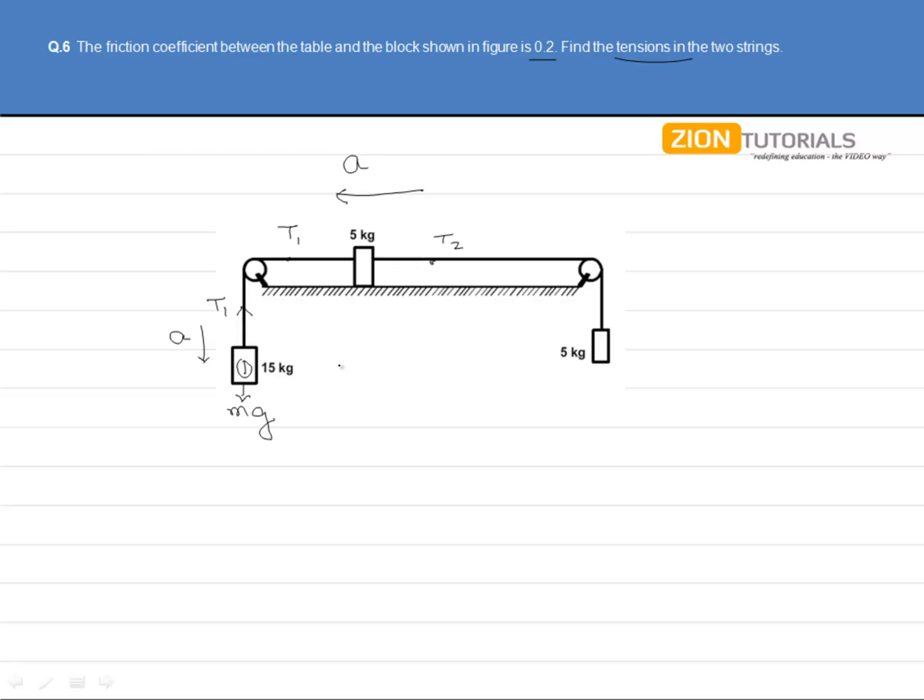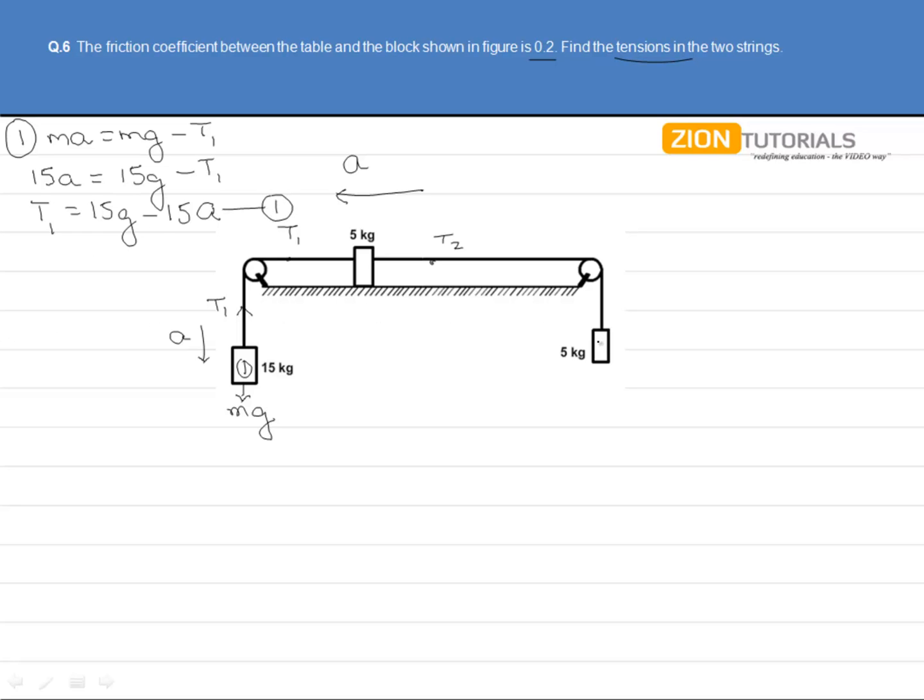Framing the equation for this block, I can write it as mass into acceleration equals to mg minus T1. Putting the values, we get 15a equals to 15g minus T1, or T1 equals to 15g minus 15a. Let us mark it as equation number 1.